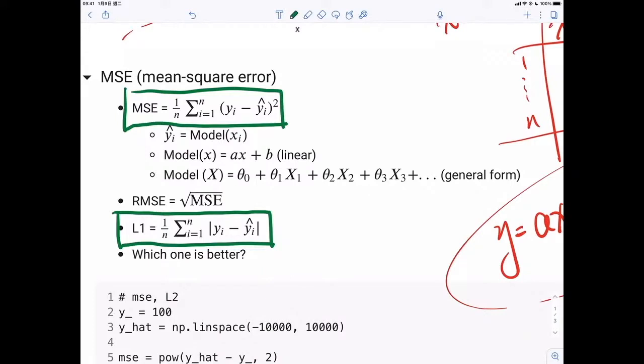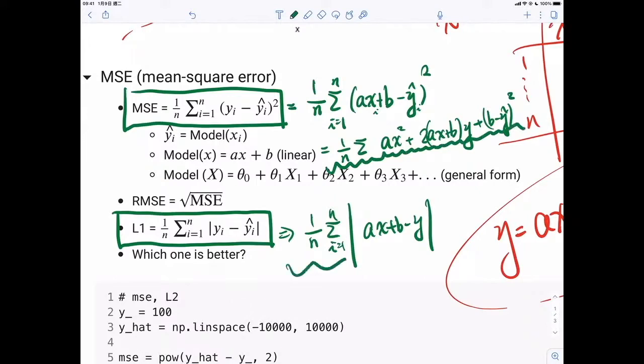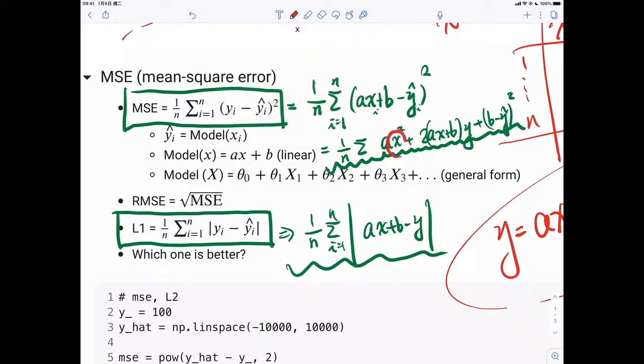But what is the difference between using L1 and L2? As you can see, that is ax plus b minus yi. Basically it looks like this, but this one is much simpler. So we are trying to compare the difference between this one and this one. Theoretically, just take a look at x here and x here.